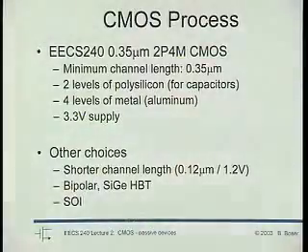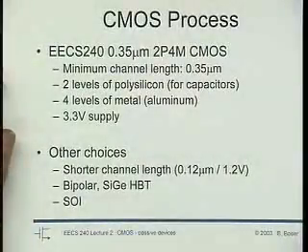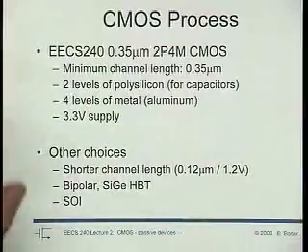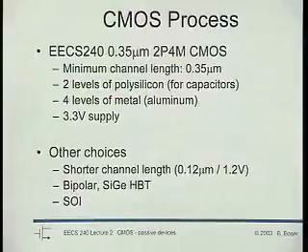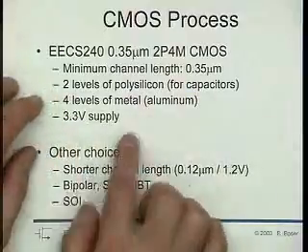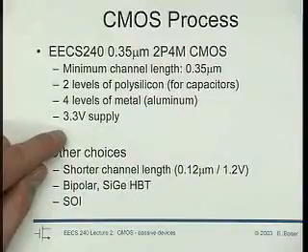You have a kilogram of metal on your chip, right? So the minimum channel length in this technology is 0.35 micron. Again, that's not at all state of the art, and I will say something on the next slide about why I teach you such outdated stuff. I've mentioned that already. The supply voltage is today relatively generous, 3.3 volts.